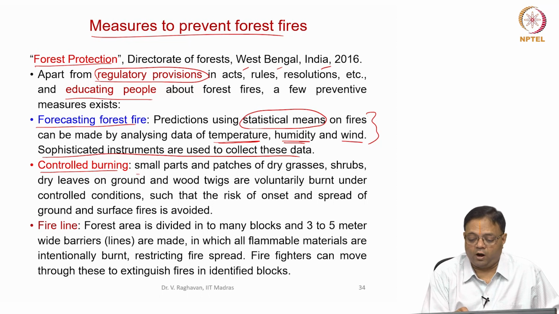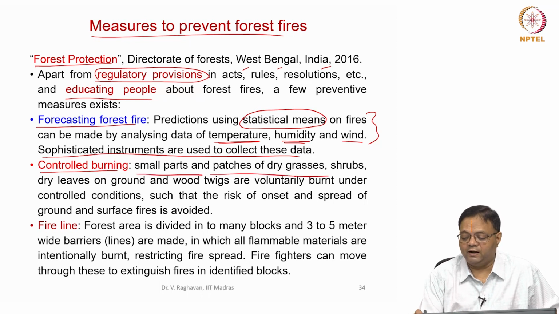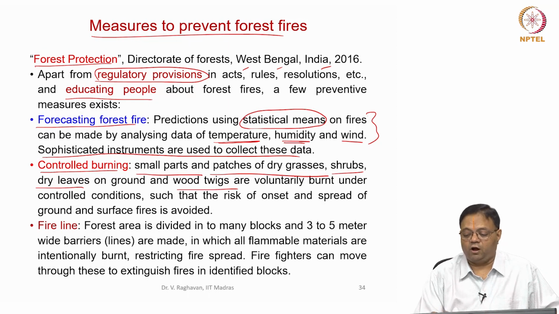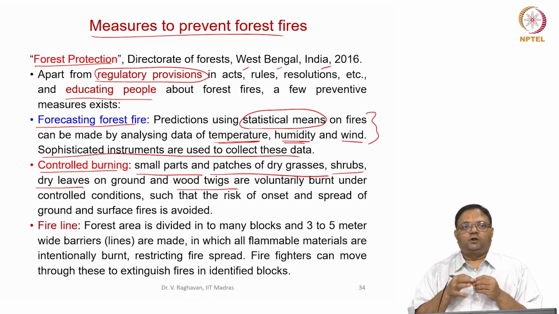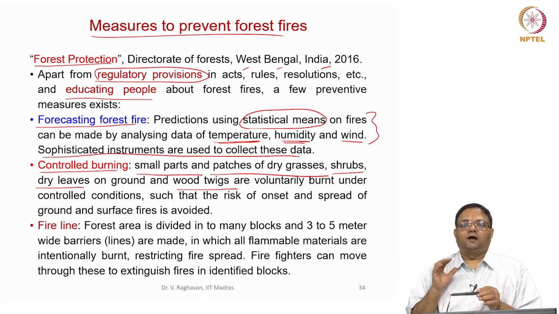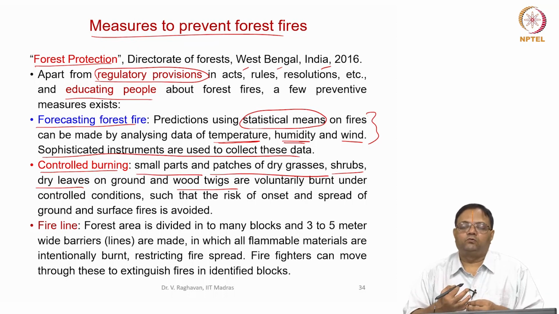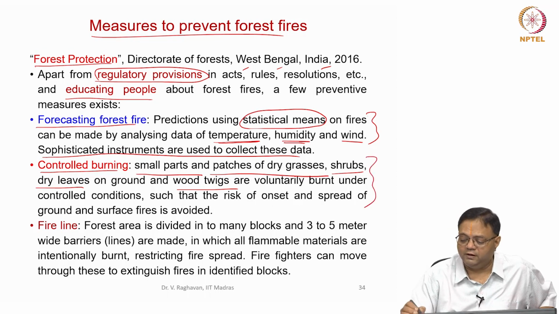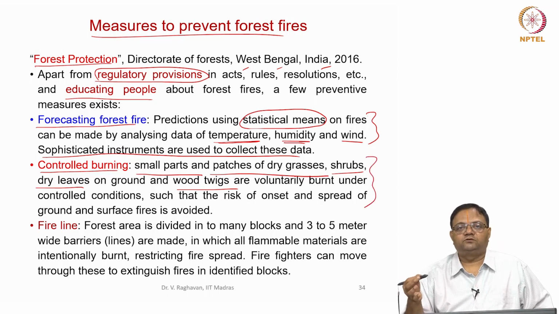In a forest, small patches of dry grasses, shrubs and dry leaves on the ground, wood twigs, etc. are voluntarily burnt, so that it will not set off the surface fire or ground fire at all. If the forest is accessible, then only we can do it, or else it is not possible. Controlled burning is possible in some cases where the forests are present near some fields and so on, or it is not possible.